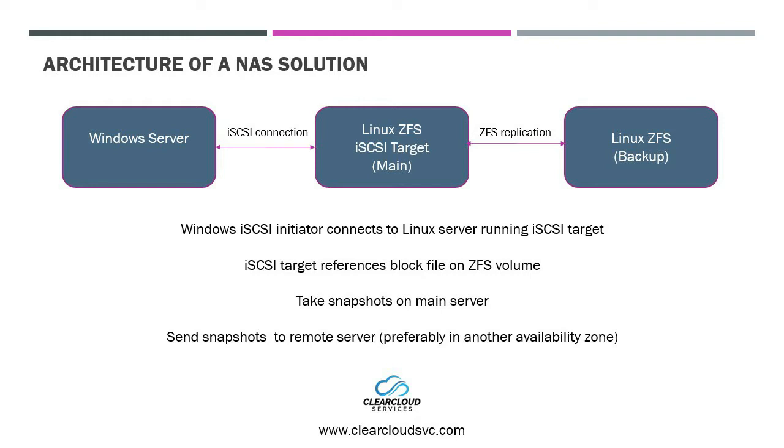The architecture of the NAS system is actually quite simple. It's based entirely on free and open source tools and is relatively easy to configure. The heart of the NAS system is a Linux server with the ZFS file system installed. The most useful feature of ZFS is that it's a journaling file system, so it natively supports taking point-in-time snapshots.